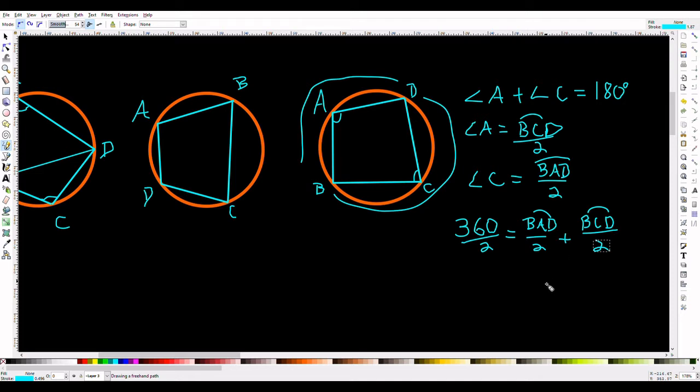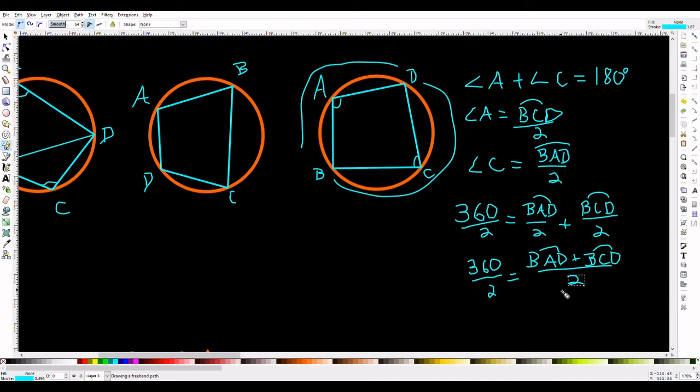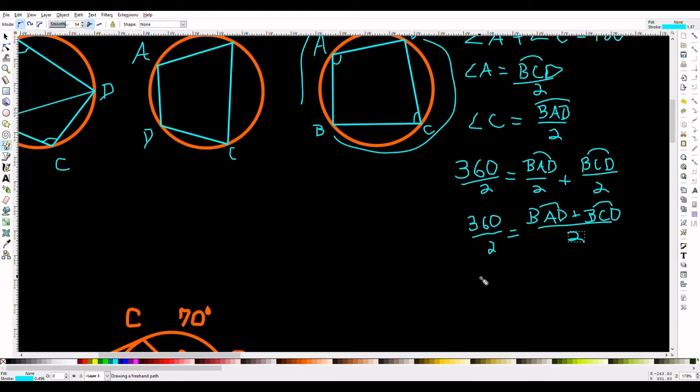And now we can simplify even more. 360 over 2 equals BAD plus BCD over 2. And we know that BAD plus BCD is 360. And that's a proof.